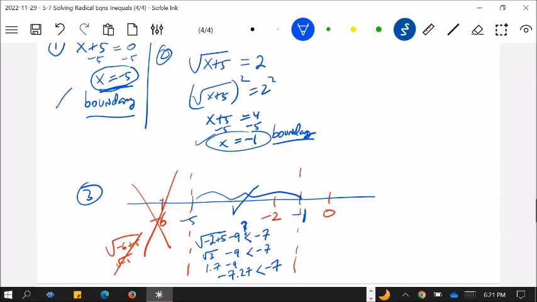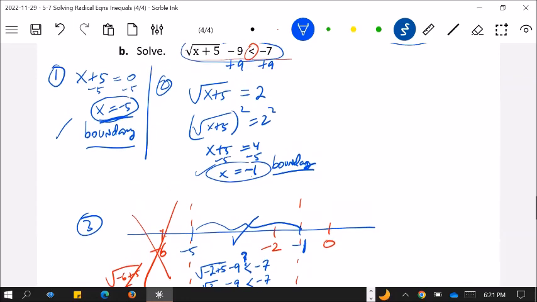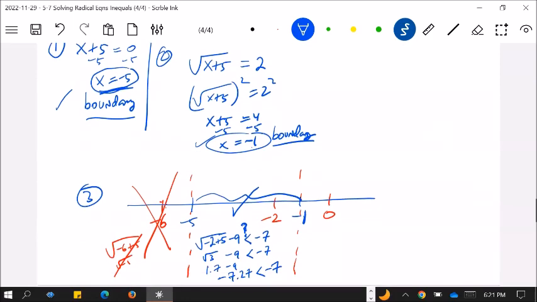Now let's put 0 in here. All right, so we have the square root of 0 plus 5, minus 9. Is that less than negative 7?